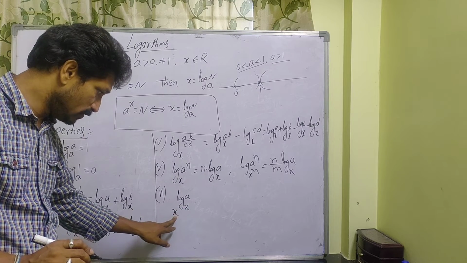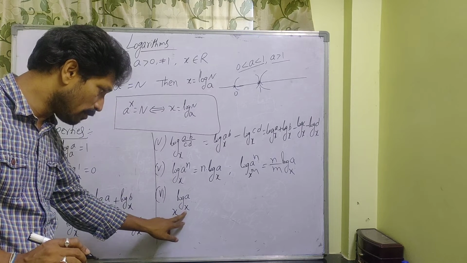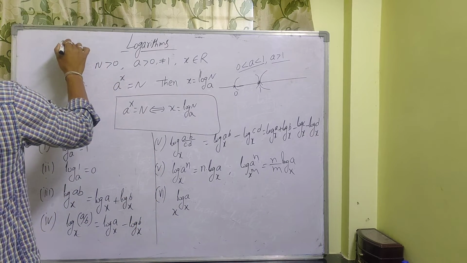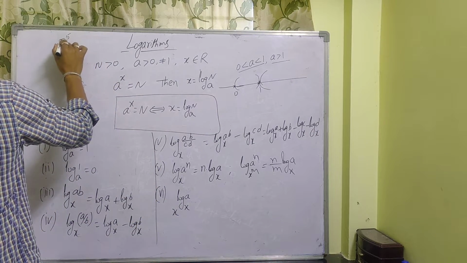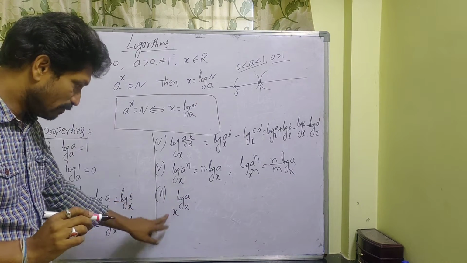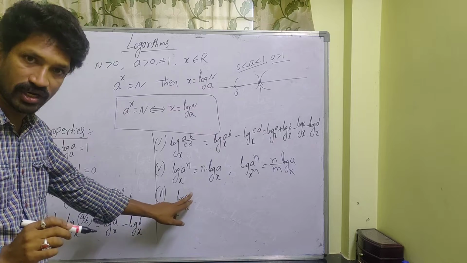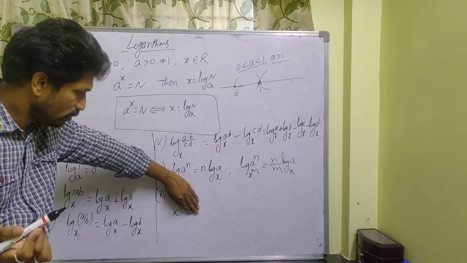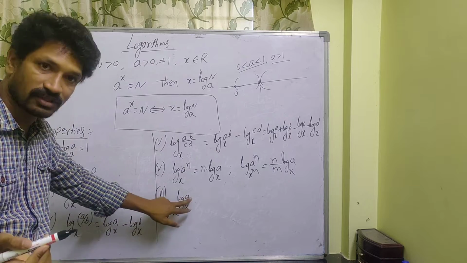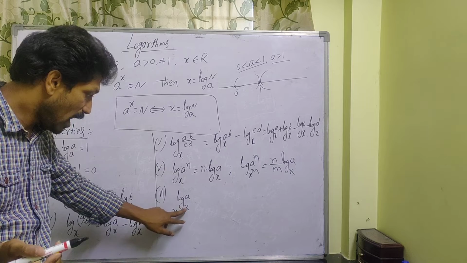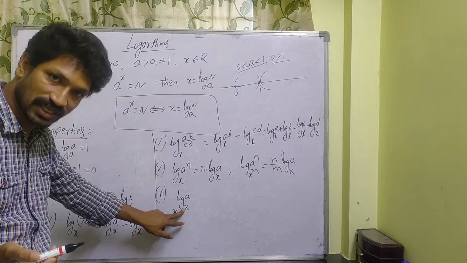Generally whenever you have something like 2 power 5, this 2 is called the base, and this is the exponent. Here log a to the base x is the exponent, and its base is x, and for the logarithm also the base is x.